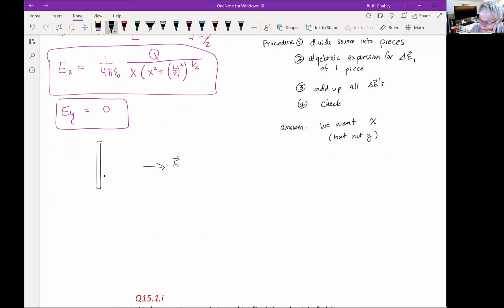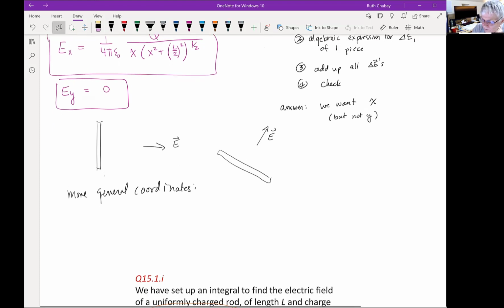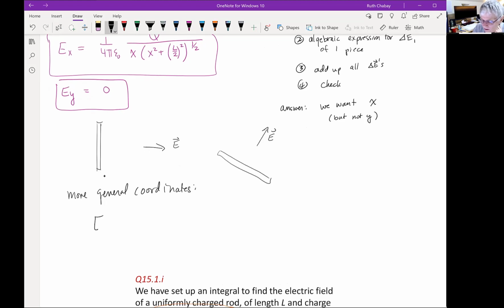But we could easily have the rod that way, and E would be that way. So in more general coordinates, we would actually write E sub r is equal to 1 over 4 pi epsilon 0 q divided by r.